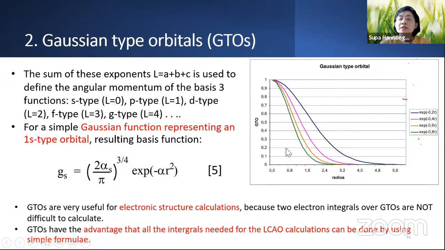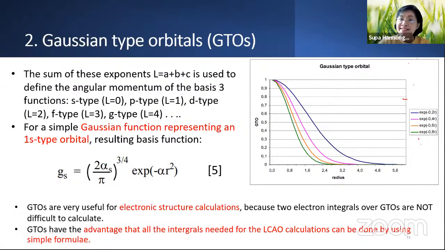If you look on the right hand side, this picture shows the Gaussian type orbital with exponentials, for example, minus 0.2 r squared in blue, minus 0.4 in pink, minus 0.6 in orange, and minus 0.8 in green.